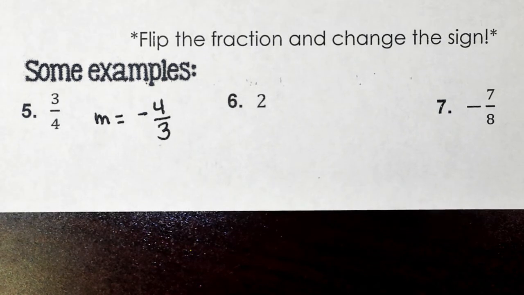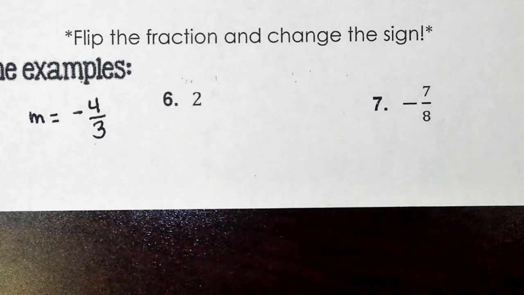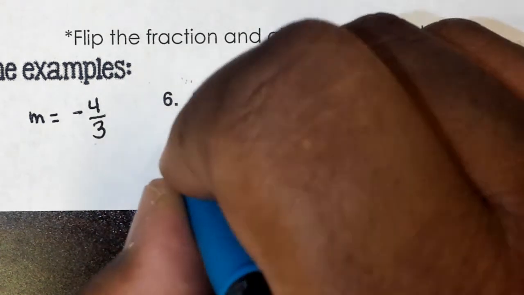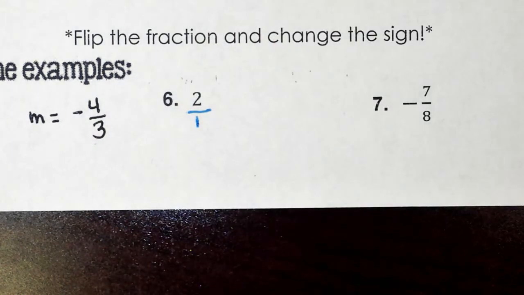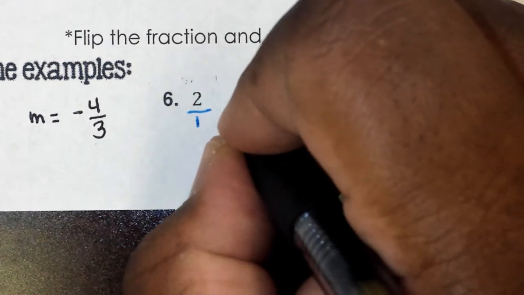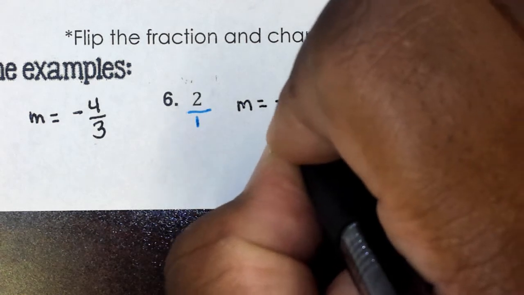Jalen, number 6, excuse me. 2. Good. On this one, what Jalen did first, and you can do it yourself if you need to see it. You should understand there's a 1 under 2. Then to flip that, m equals, like she said, negative 1/2.